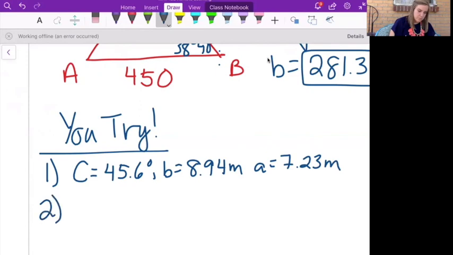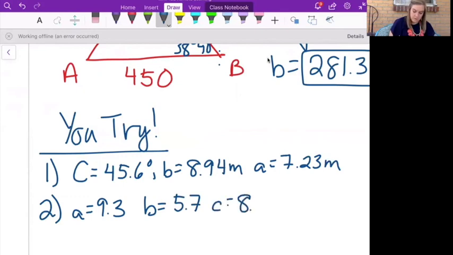And number 2, where side A is 9.3, side B is 5.7, and side C is 8.2.